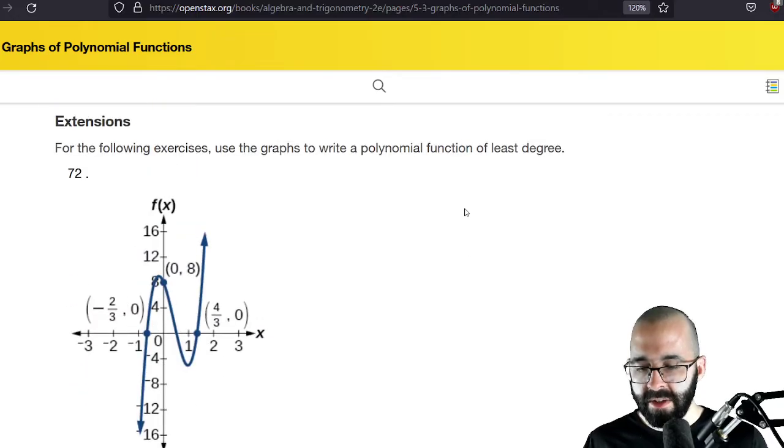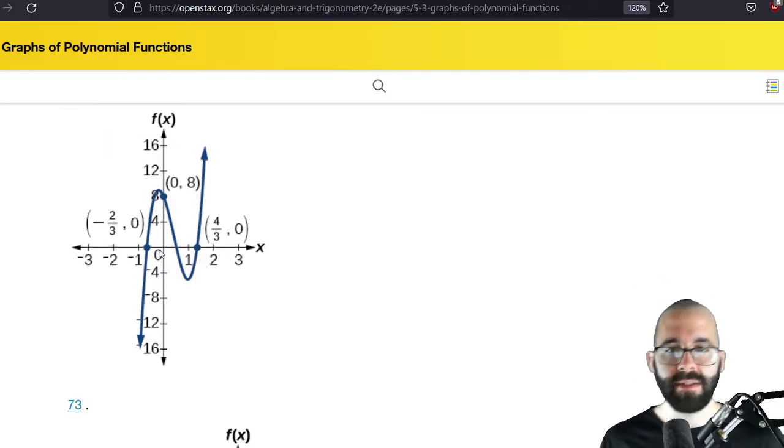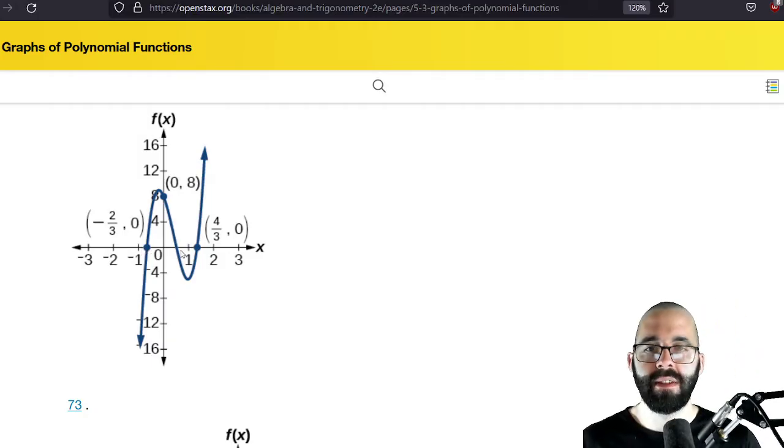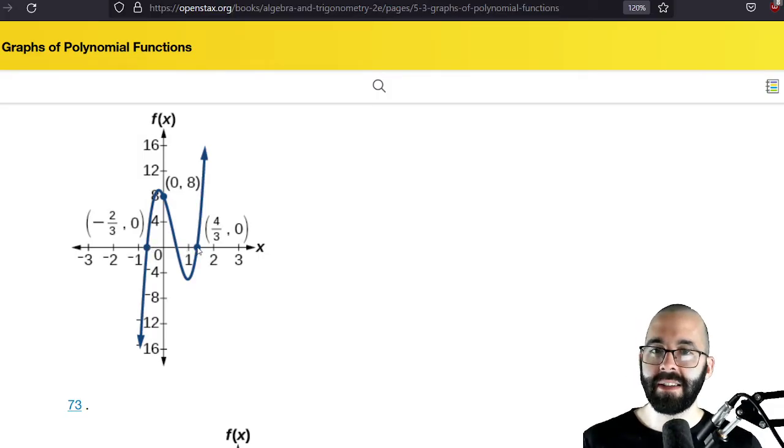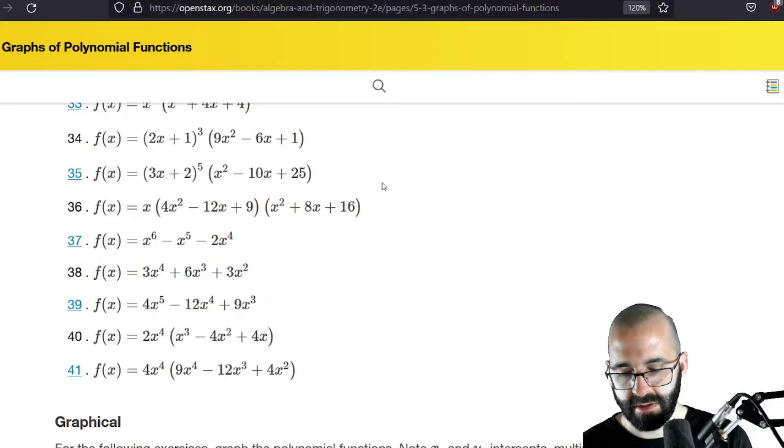So for 72, the problem wants you to write the formula for the function. I'm only asking you to look at multiplicities and zeros. There's 3 zeros right here. Negative 2/3, something, and positive 4/3.